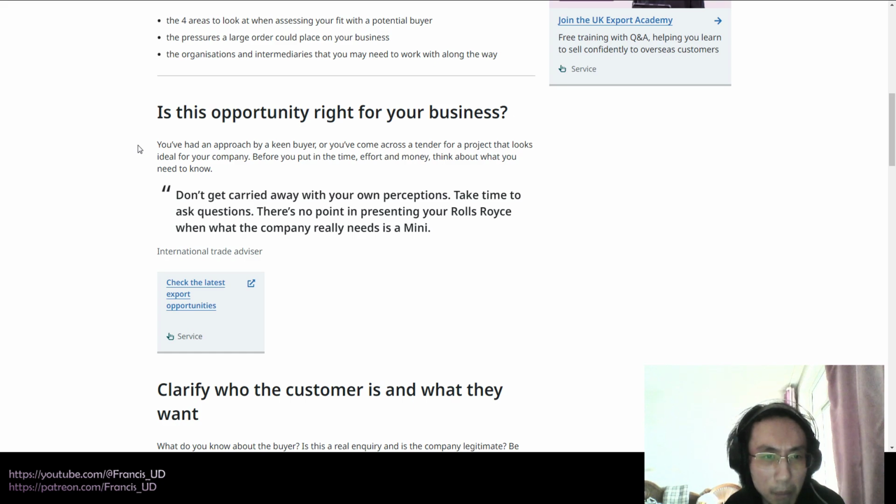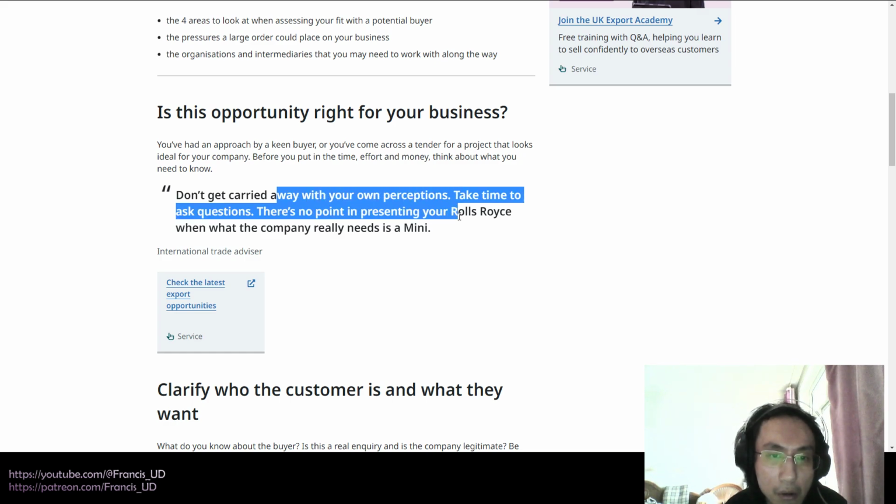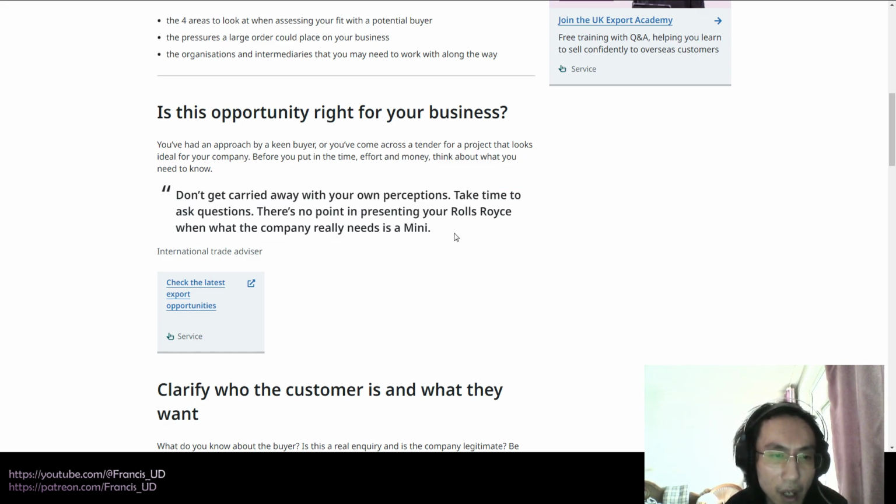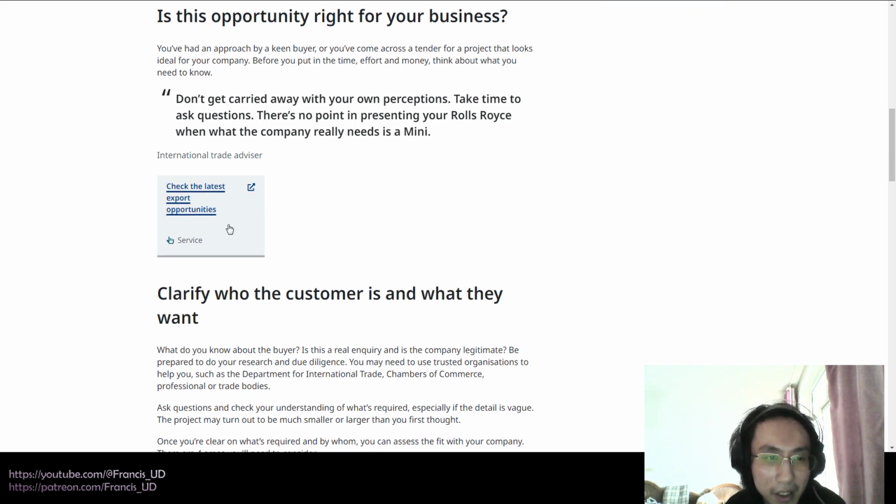You've had an approach by a keen buyer, or you have come across a tender for a project that looks ideal for your company. Before you put in the time, effort, and money, think about what you need to know. Don't get carried away with your own perceptions. Take time to ask questions. There's no point in presenting your Rolls Royce when what the company really wants is a Mini.